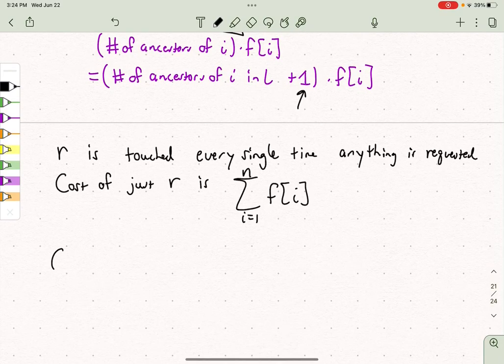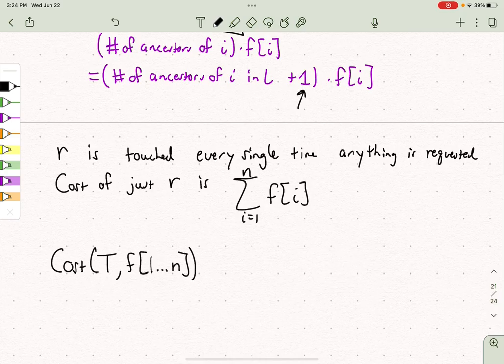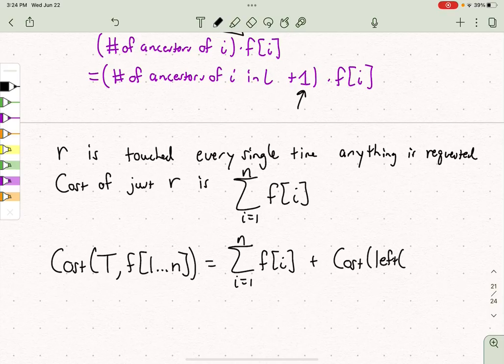Now we can update our cost for a tree and a given set of frequencies. This is going to be the total cost for the root, which is the sum of F_i, plus the cost for the left side of the tree, with F going from 1 to R minus 1, because those are the only keys we consider on the left.